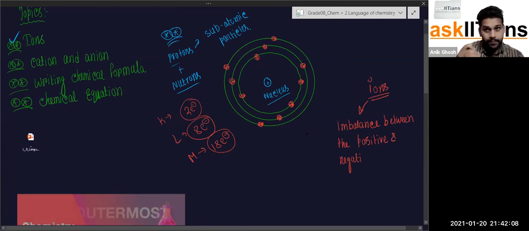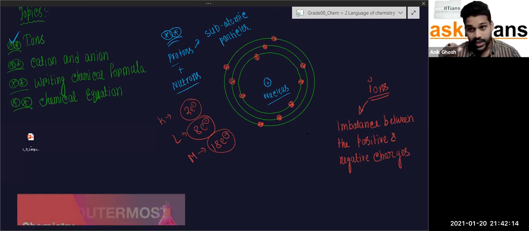So when there is an imbalance between the positive charges and the negative charges inside the atom, only then we can say that an ion is getting formed.